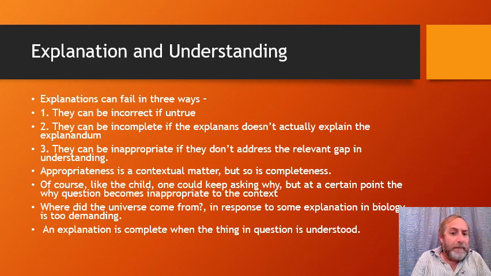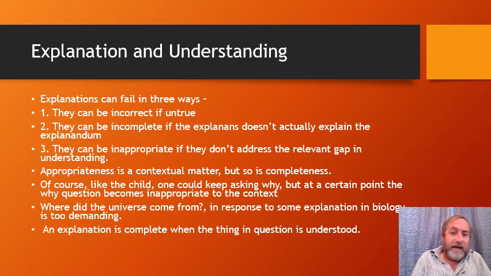But in some real way, we have to insist that there is an appropriate level that you can be forced to go back in your explanations, right? At a certain point, it's unfair of me to keep asking why and insist that your explanation is incomplete.